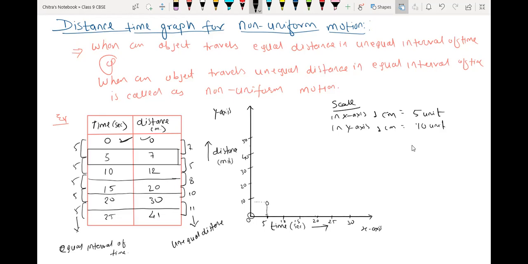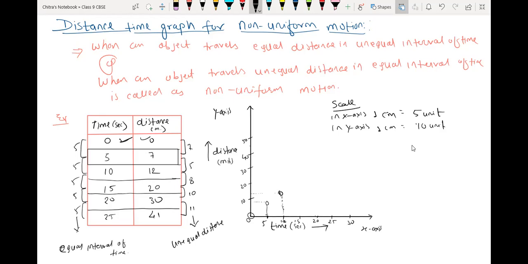Then after 7 we have 12, so 12 will be here, and we have 10 here. So we will get the point here.